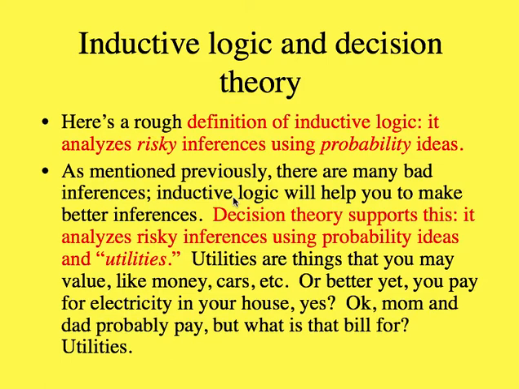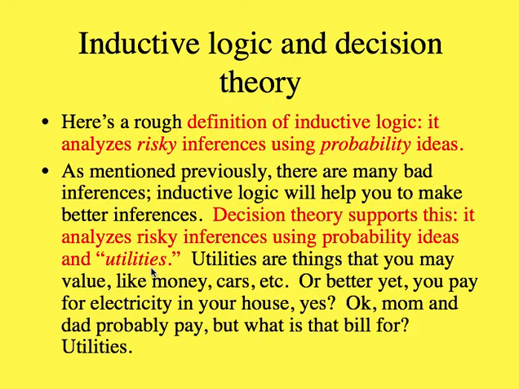Okay. There's also, building on top of that, something called decision theory, which helps us minimize our risk and guides us in making better decisions. The definition is that it analyzes risky inferences using these probability ideas and utilities. What are called utilities? Utilities in modern parlance are things that you value, or actually, it's what you pay for, right?